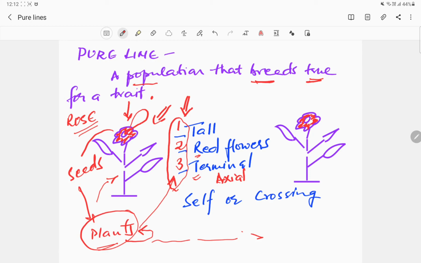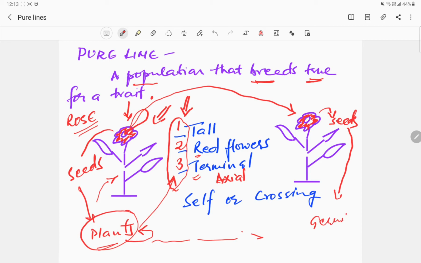Now, this was the first case, if the plant self-pollinates. Again, if the members of the same population cross-pollinate, which means one plant transfers the pollen to another plant and the other plant is fertilized, then seeds are formed, and all of those seeds germinate.